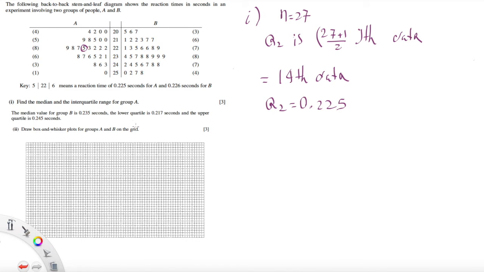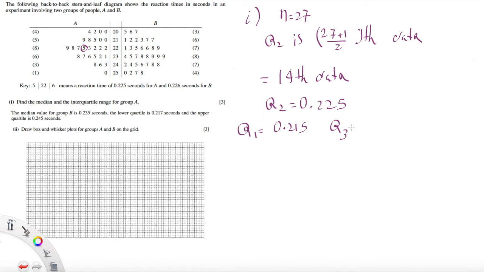And you are supposed to also find the interquartile range, so we need to find Q1. Q1 will be, before the median, here it was the 14th data, so before the median you have 13 data. So for 13 data, 13 plus 1 divided by 2, which will be the 7th data. 1, 2, 3, 4, 5, 6, 7. So it will be 0.215.